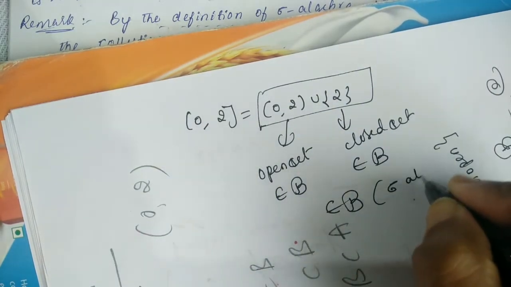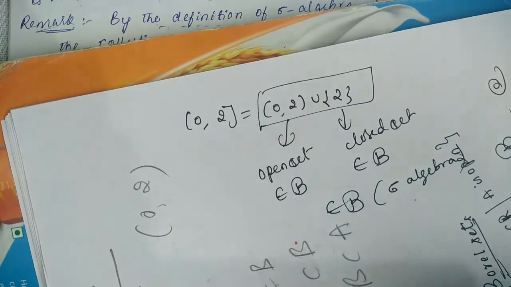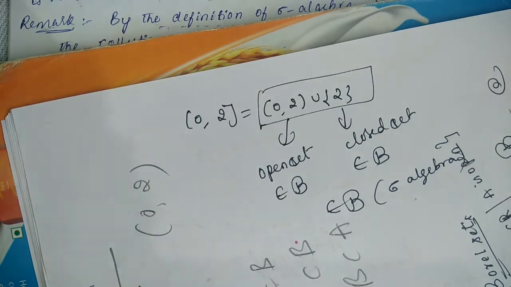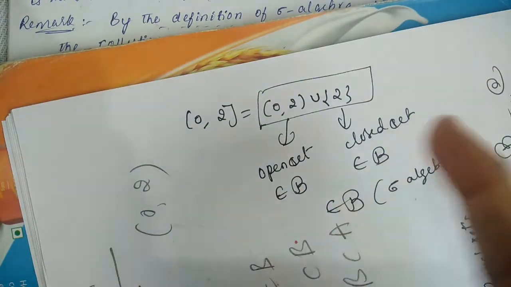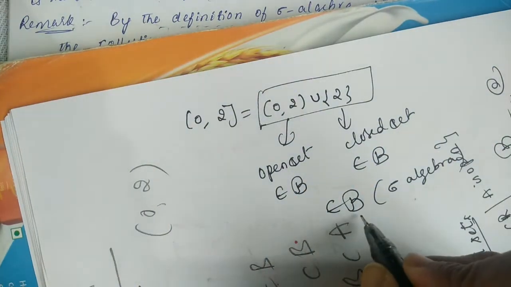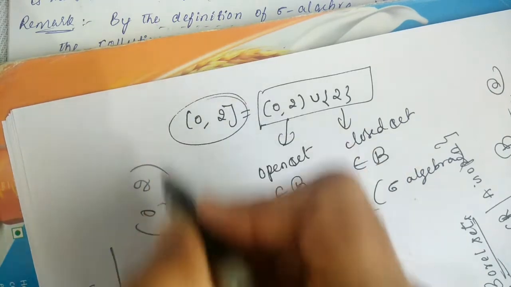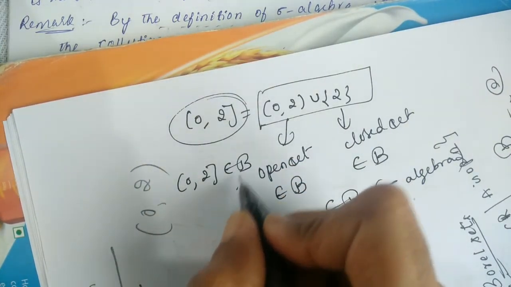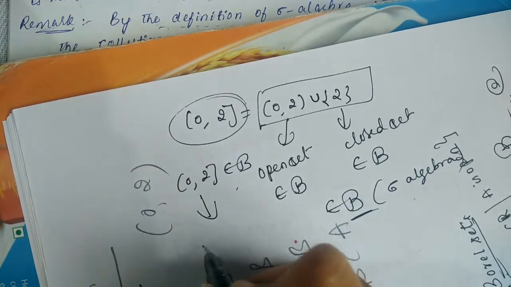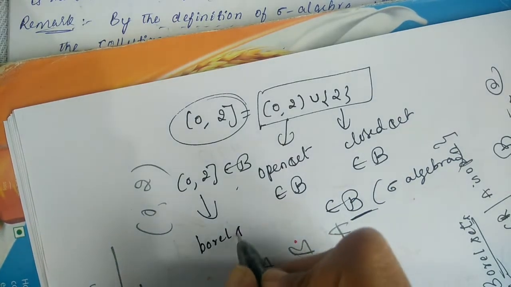Because it is a sigma algebra. Sigma algebra means it is an algebra, and an algebra is closed under union. So the union of these two elements clearly belongs to B. Belongs to B means what? (0, 2] clearly belongs to B. The elements of B are nothing but Borel sets. Therefore (0, 2] is a Borel set.